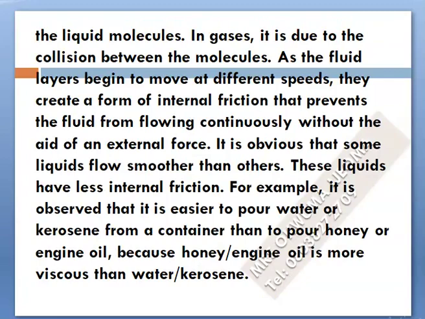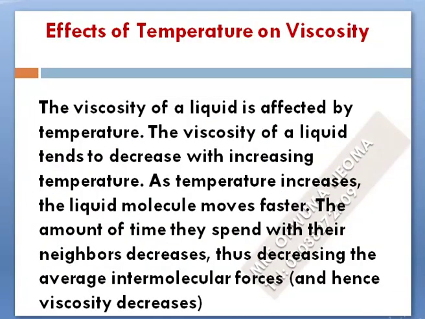Now, let's look at the effects of temperature on viscosity. What effects does temperature have on viscosity? Now, the viscosity of a liquid is affected by temperature. How? The viscosity of a liquid tends to decrease with increasing temperature.